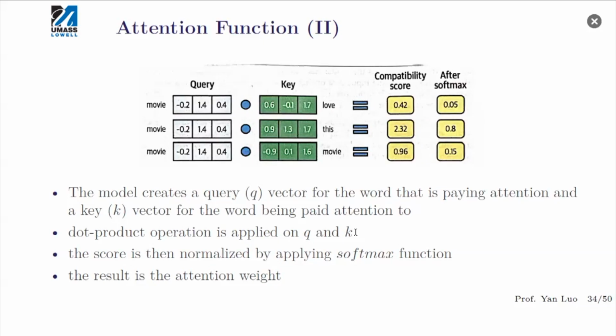So how do we get the weight? Okay, so if you think about the token that we are interested in as the query, and every other token that we are trying to attend to are used as keys.